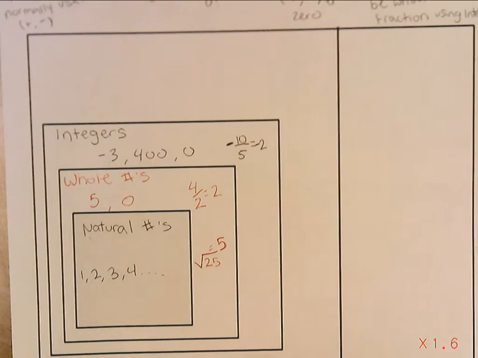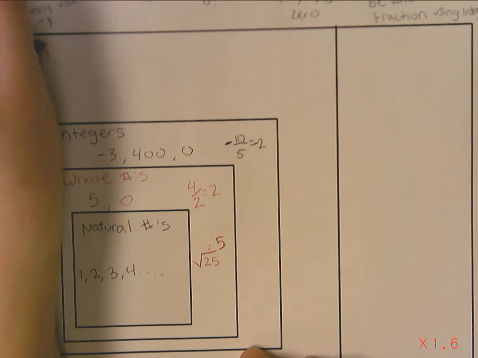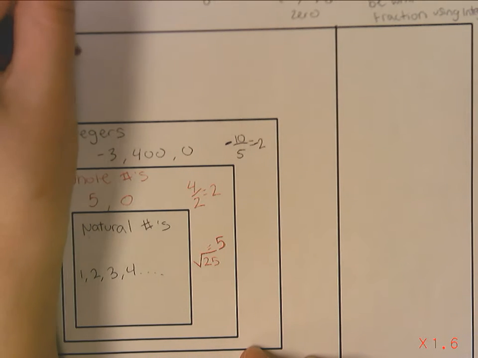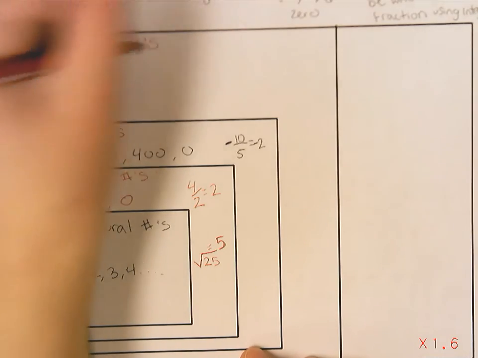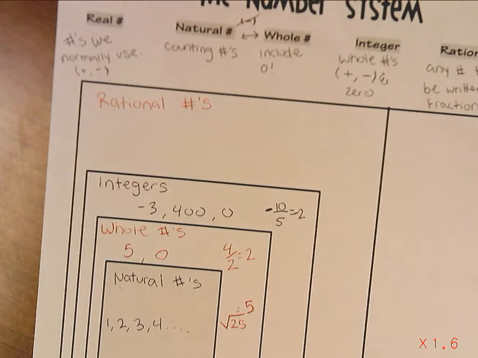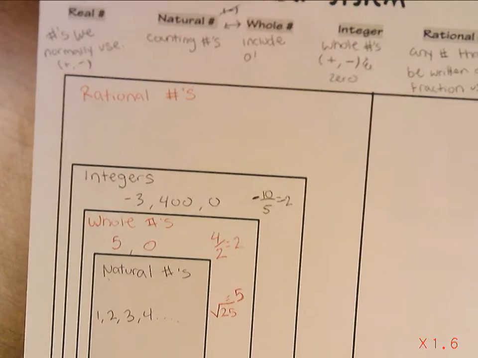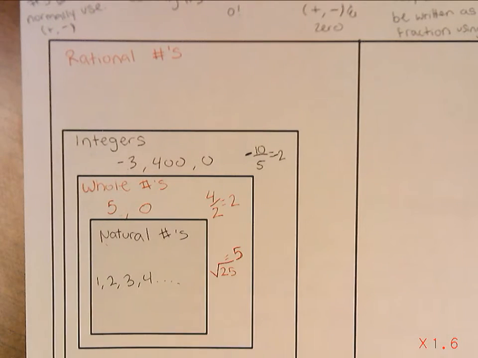And the last section is rational numbers. Rational numbers should be the newest for you, because all of these should have been pretty common. But rational numbers include fractions and decimals, because decimals can be written as fractions.